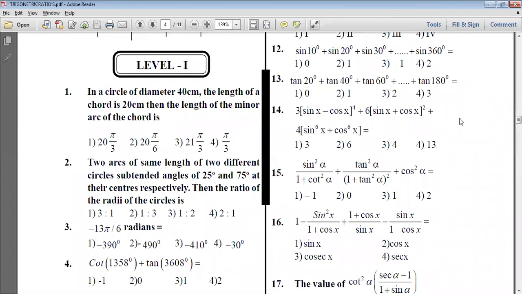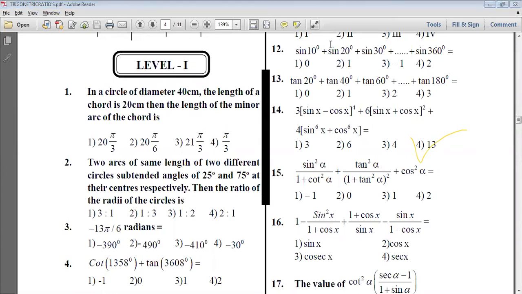Whatever the angle may be, all the angles get cancelled and you get a constant answer. So in trigonometry, when the options are constant, we can solve these objective questions like this: we can keep something for the angle. For any angle, it has to give the same answer. That's why, rather than solving the problem, give something for the angle.